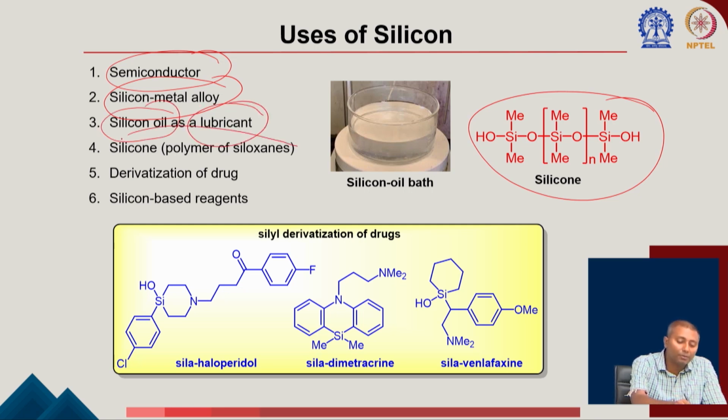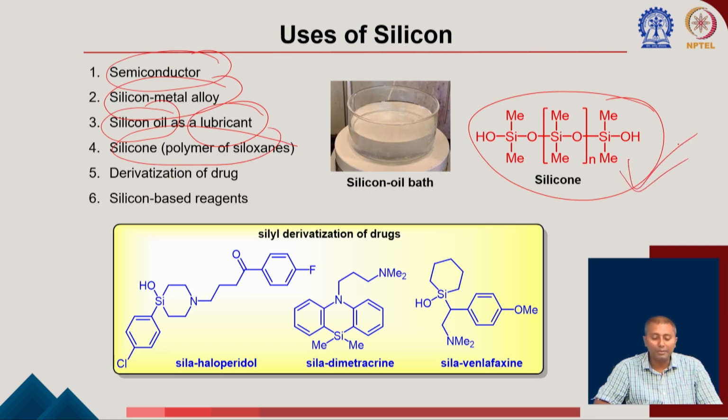Silicone can be used as polymers, and also for derivatization in drugs. That can improve drug potency or change the selectivity. So there has been a lot of use of silicon in everyday life, and finally, a lot of silicon based reagents have been developed in organic synthesis.